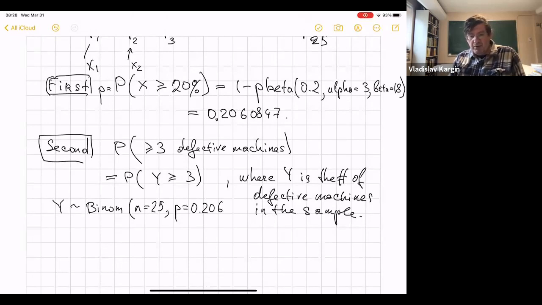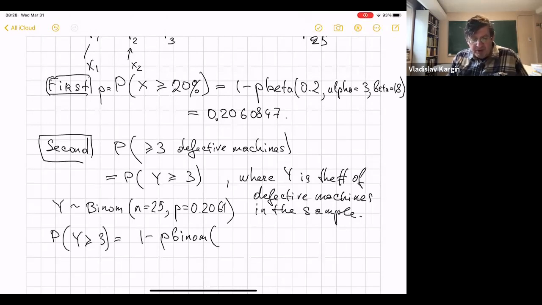Again, this can be calculated using R or using a table. The probability that Y is greater than or equal to 3 is equal to 1 minus the binomial CDF. Here we should be careful.